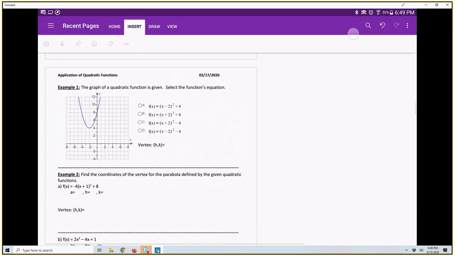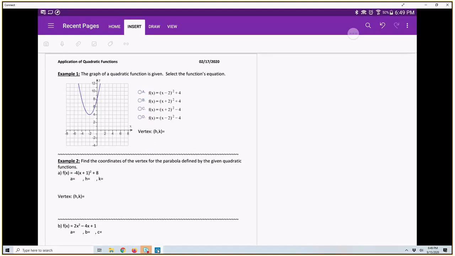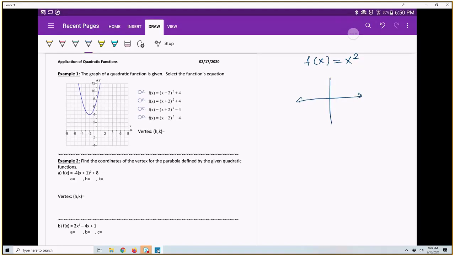So the first problem is saying the graph of the quadratic function is given. Select the function's equation. So remember, f(x) equal to x squared being our original quadratic function, the graph we know goes through the origin and opens up. The graph in the picture for this problem has a shift. It has shifted 1, 2, 3, 4 units up, so that should be a plus 4.